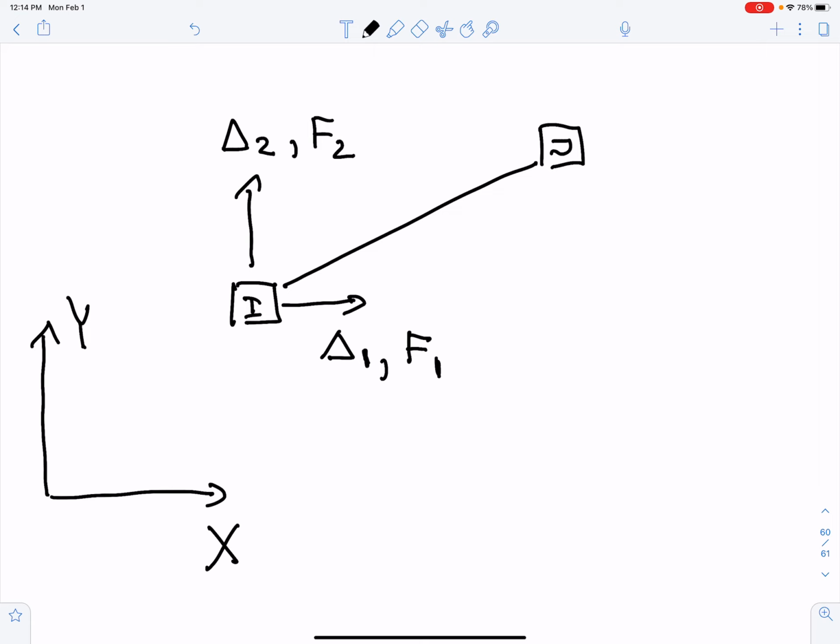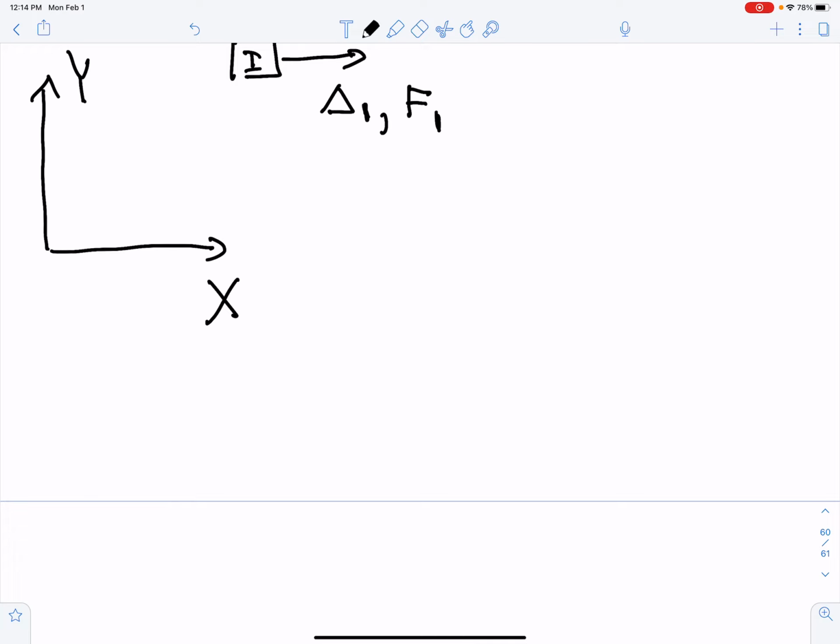In principle it can have a displacement in the x direction that I'll call delta 3, and a displacement in the y direction that I would call delta 4. The associated forces become F3 and F4.